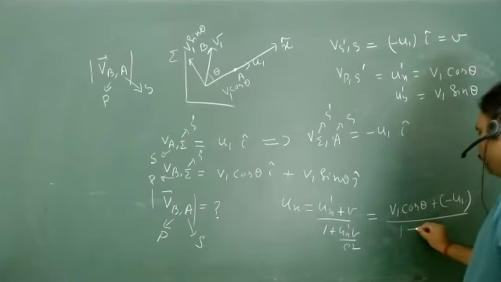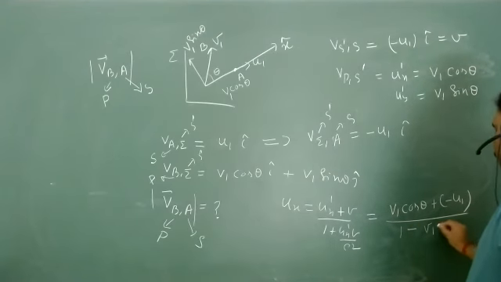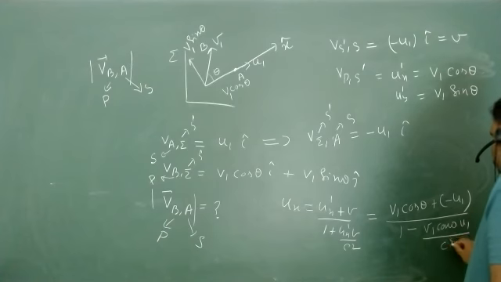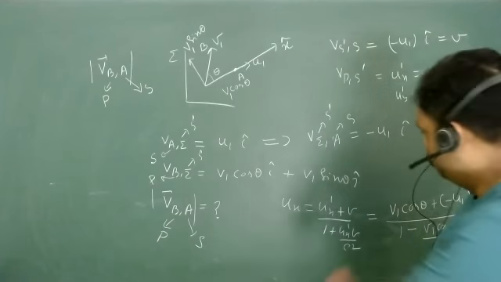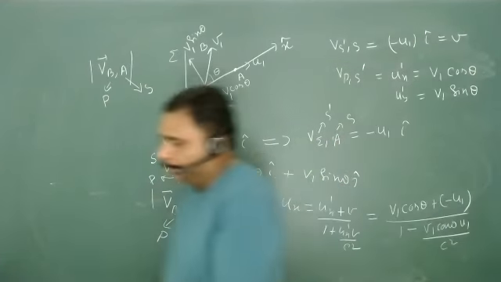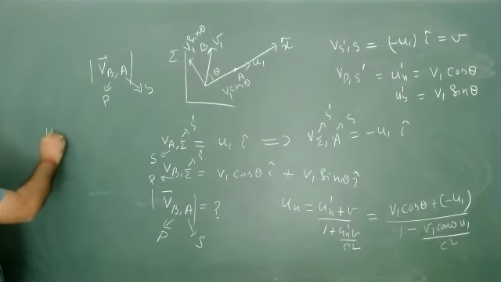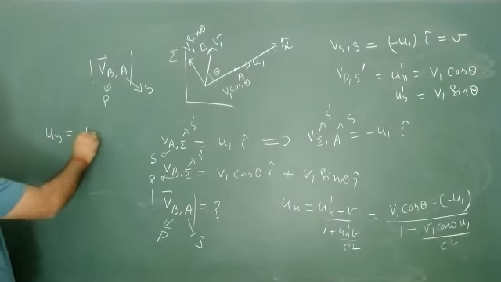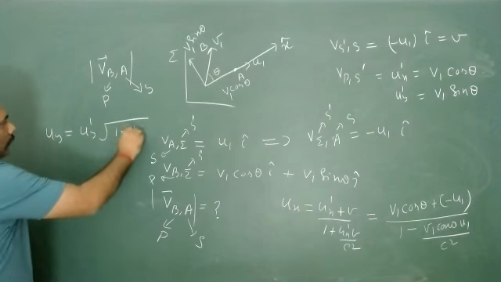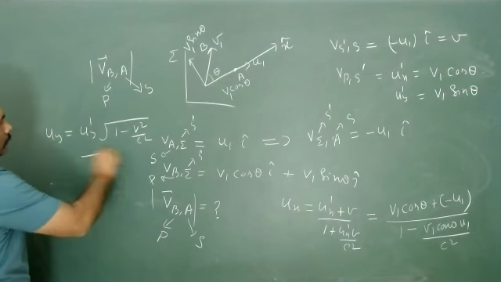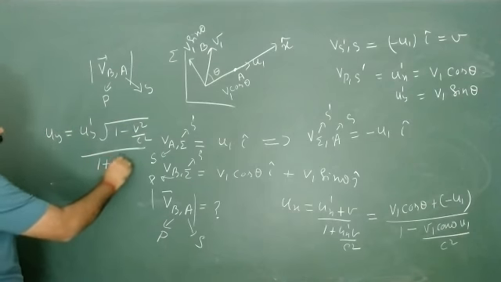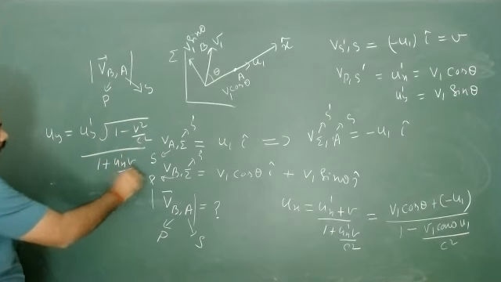And here you have 1 minus V1 cos theta U1 upon C square. This is your Ux. You have the Uy part also, isn't it? So Uy is all about Uy dash times root under 1 minus V square upon C square, divided by 1 plus Ux dash V upon C square.